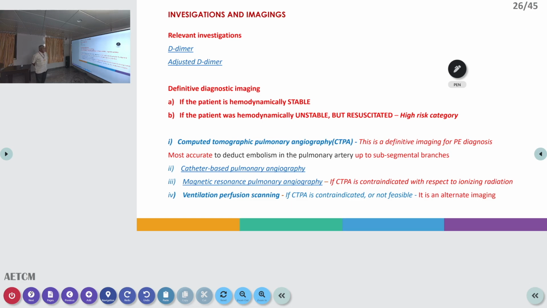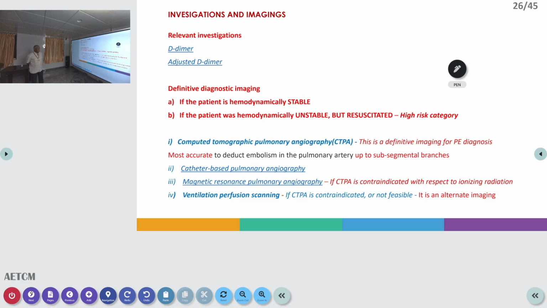And the definitive diagnostic imaging depends upon the hemodynamic stability of the patient. If the patient is hemodynamically stable, we can submit them for all the definitive confirmatory diagnostic tests. If the patient is hemodynamically unstable, we have to go only for the investigation which they can withstand.